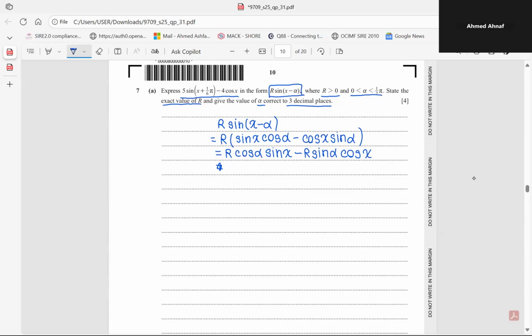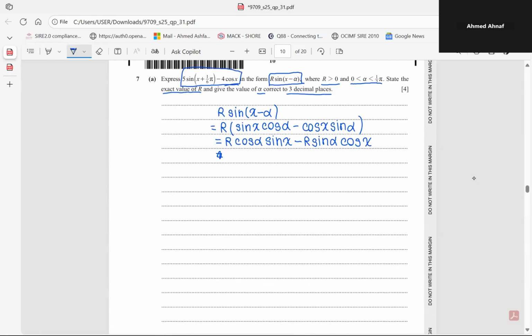Oh, wait, never mind. Okay, let's simplify this original equation as well. So 5 sine bracket x plus pi over 6 minus 4 cosine x. Yeah, let's first expand the sine bracket x plus pi over 6.